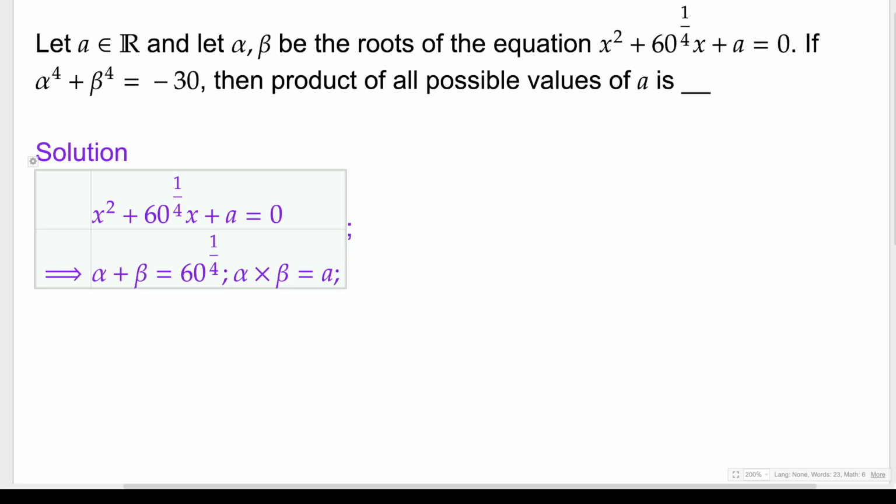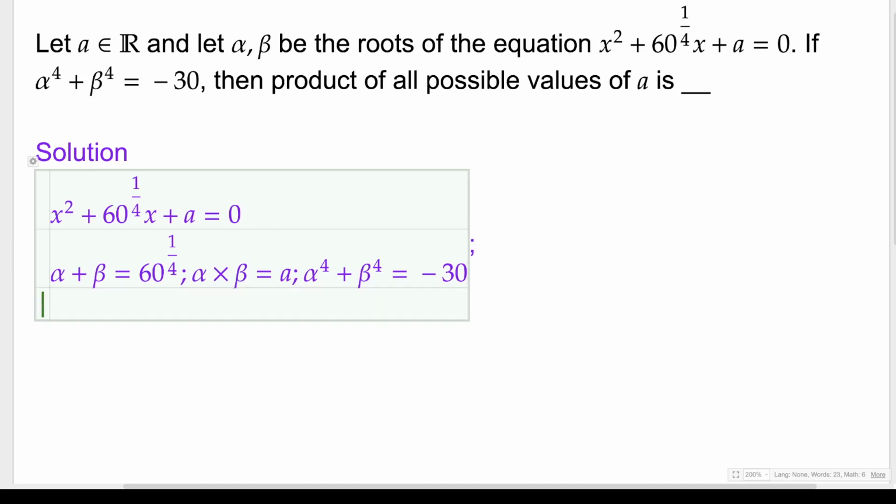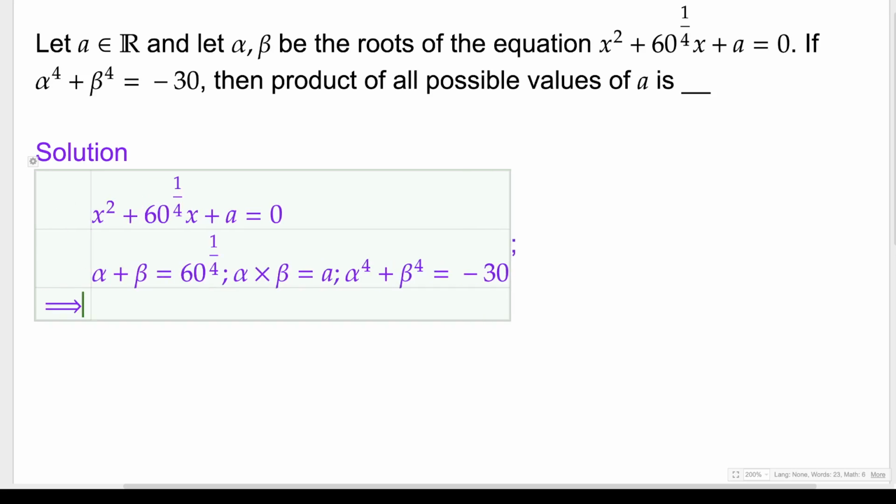And it is also given that alpha to the power 4 plus beta to the power 4 is negative 30. So this is the given expression, and this part is something that we have got from the given equation.